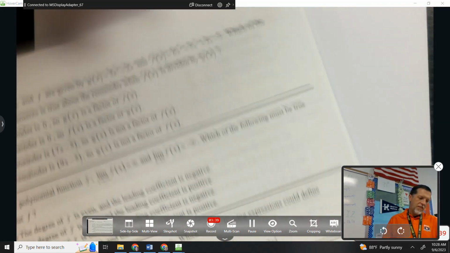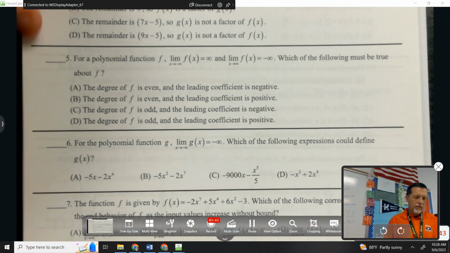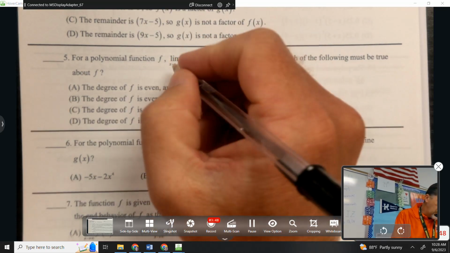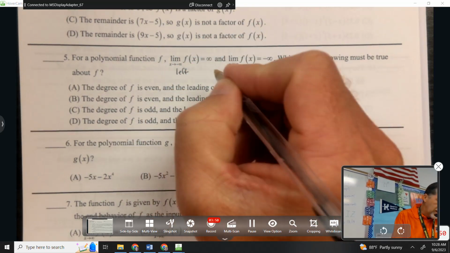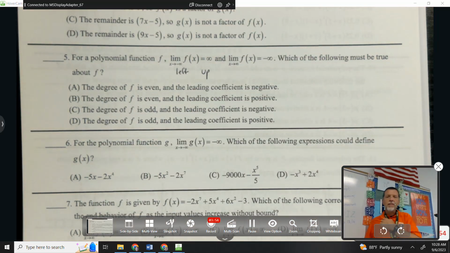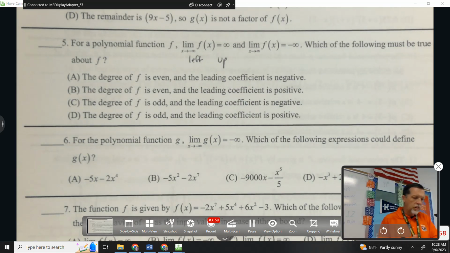Number 5. For a polynomial function f, the limit as x goes to negative infinity, so that's the left end, equals positive infinity. So the left end is up. I'm trying to just translate this into easier words here.